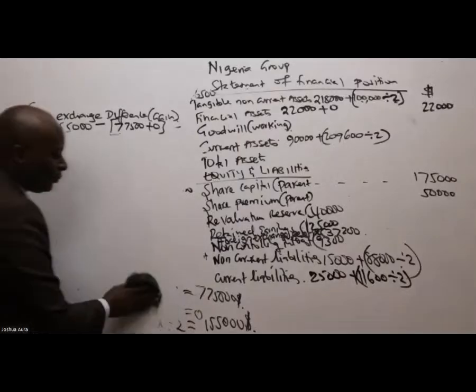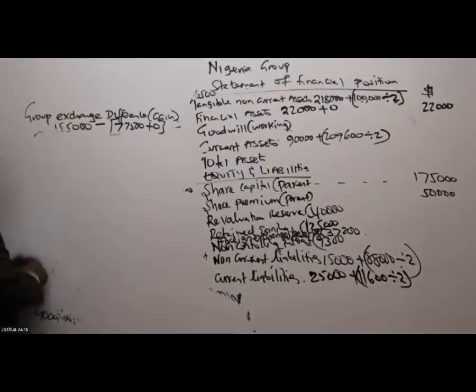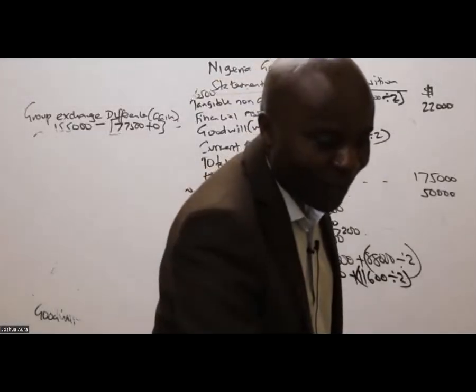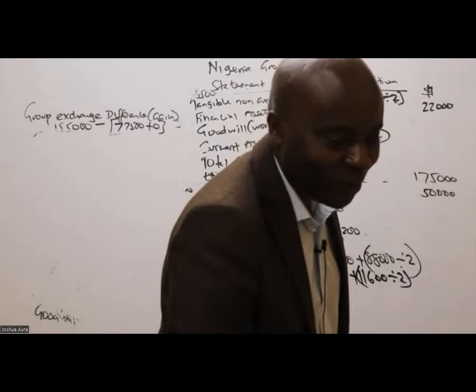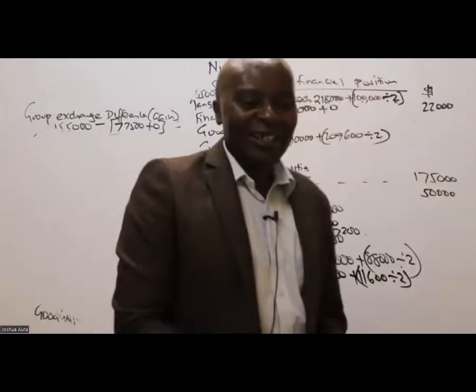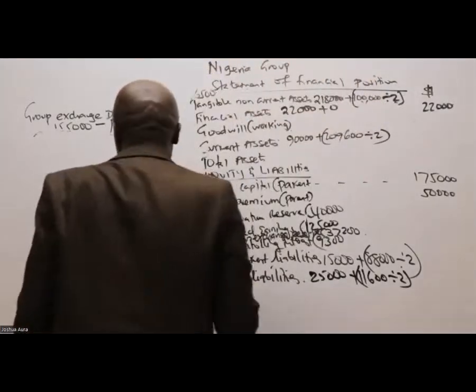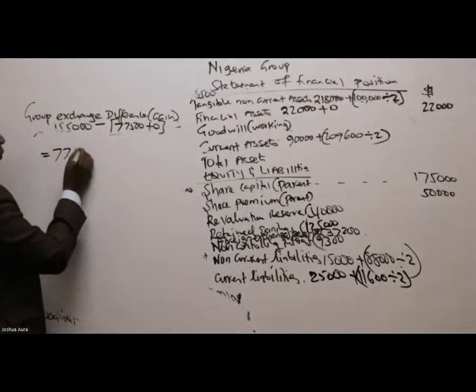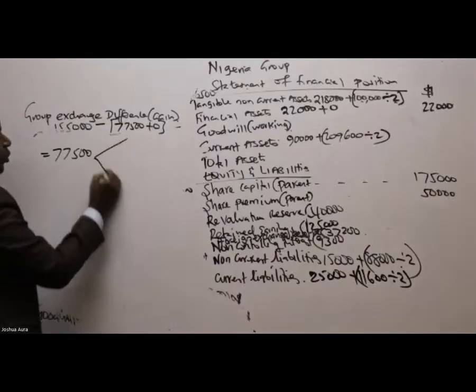Is it 72 or 77? Where are they getting 72 from? I think they are correcting there. So they're telling me it is 77,500. So once I get this 77,500, please share it out.